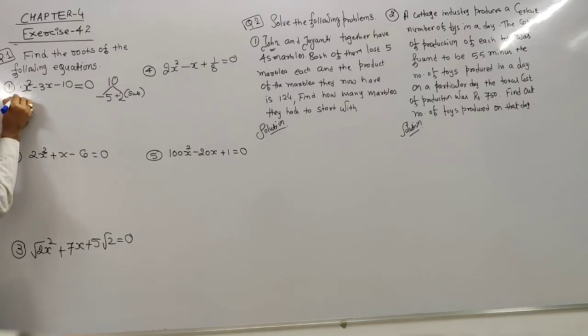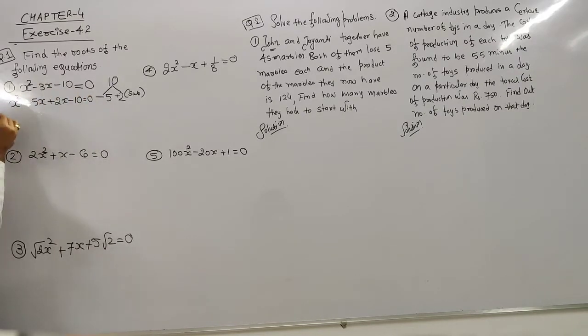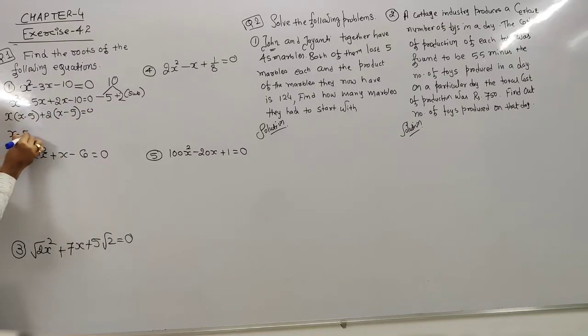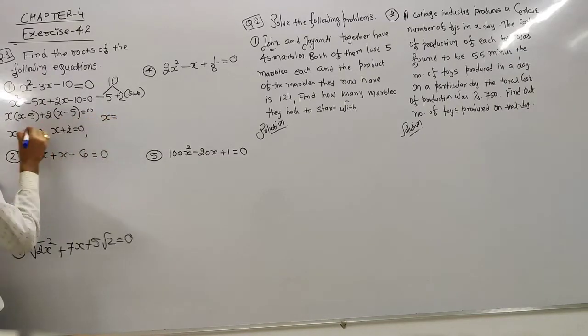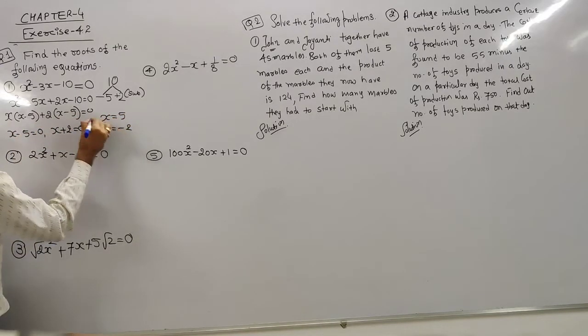So this becomes x square minus 5x plus 2x minus 10 is equal to 0. Taking x common, you get x minus 5 plus 2, again you get x minus 5 is equal to 0. So we get x minus 5 is equal to 0, x plus 2 is equal to 0. So x is equal to 5 and x is equal to minus 2.